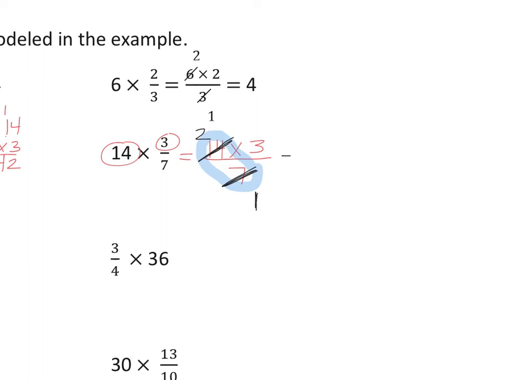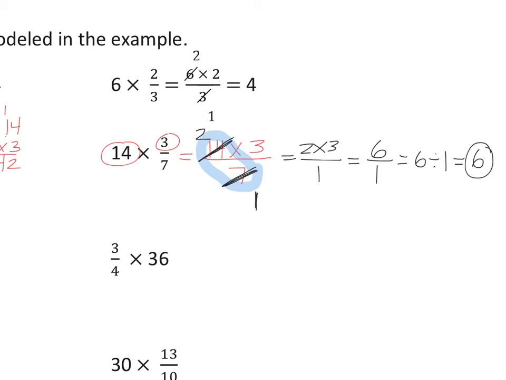And so what I just did is I took those big numbers and made them smaller by dividing them by a number, the number 7. And now I have 2 times 3 on top, and 1 on the bottom as a denominator, which is actually 6 over 1, which is 6 divided by 1, which is the number 6.